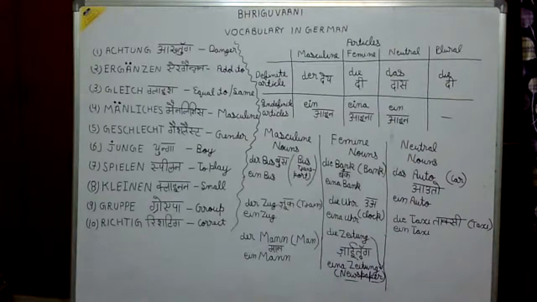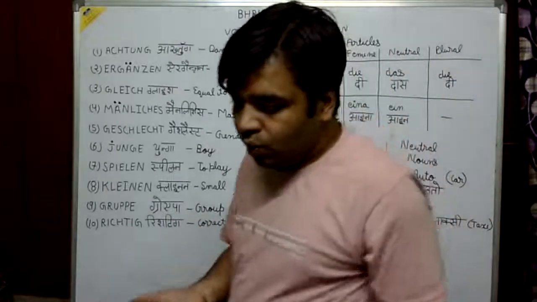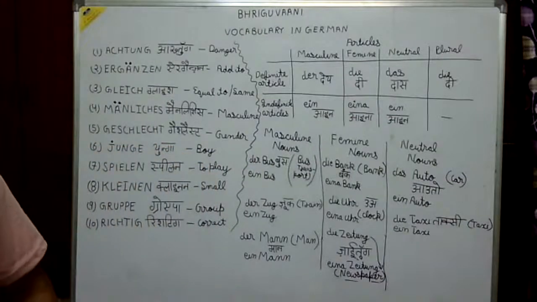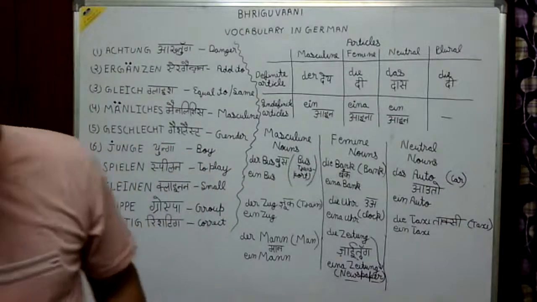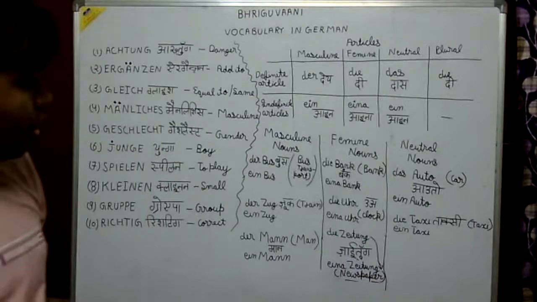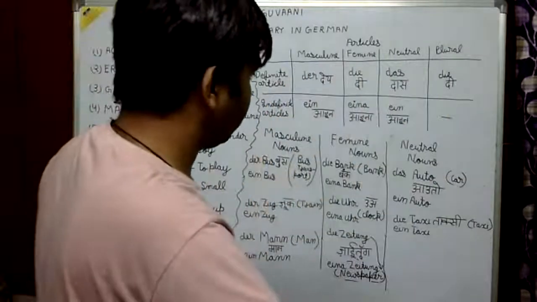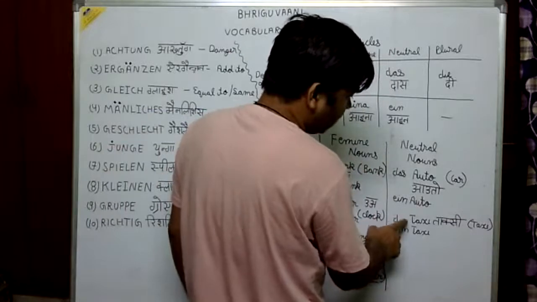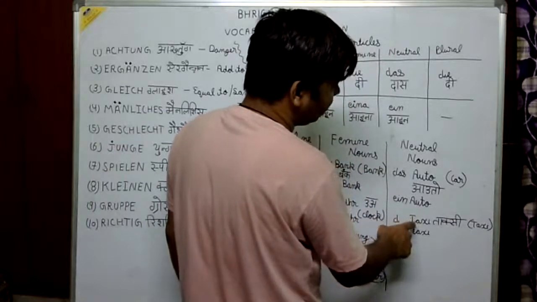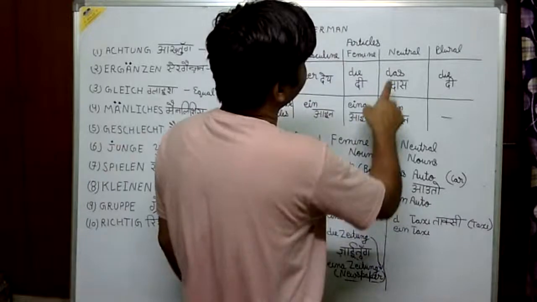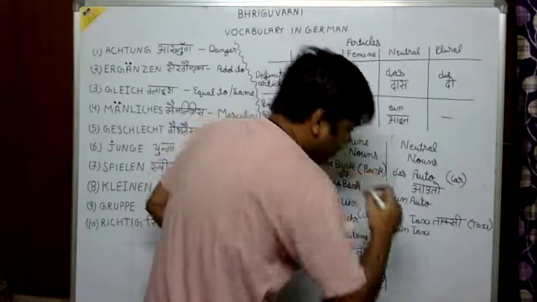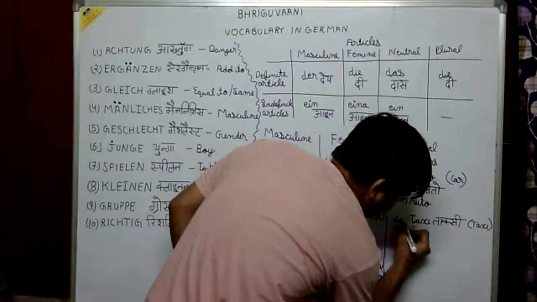Now, we again have a word called book. Oh, sorry. See, I have made a bigger mistake here. It's a neuter word. So, for neuter, we use das Taxi.